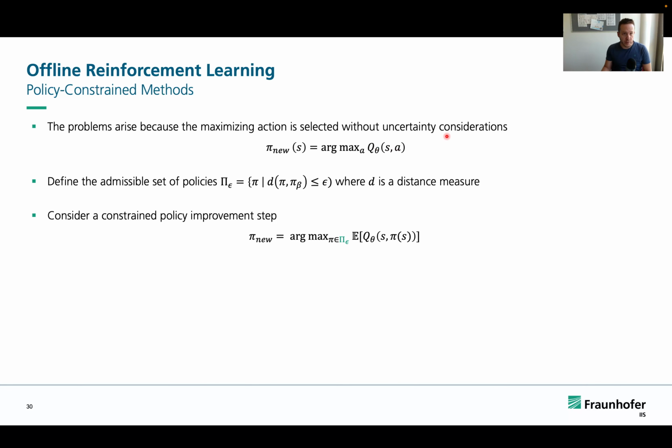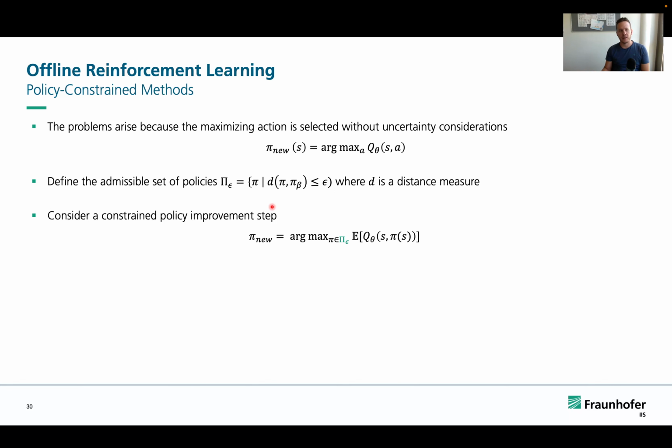We might do this without considering any uncertainty we have in our Q function. So we are selecting an action where our model has a positively large extrapolation error. This is wrong, because we don't really know much about this action.